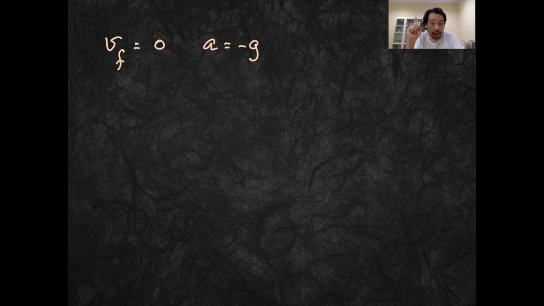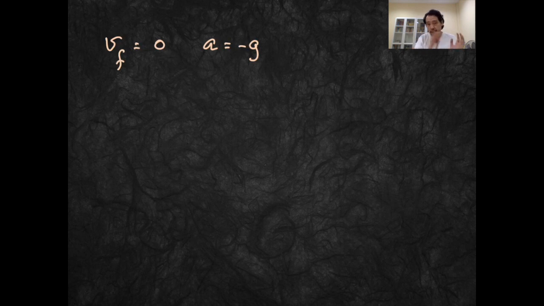At the maximum height, the velocity is equal to 0, and now we have a equal to minus g, because if we choose the upward direction as the positive direction, the gravitational acceleration points downward.